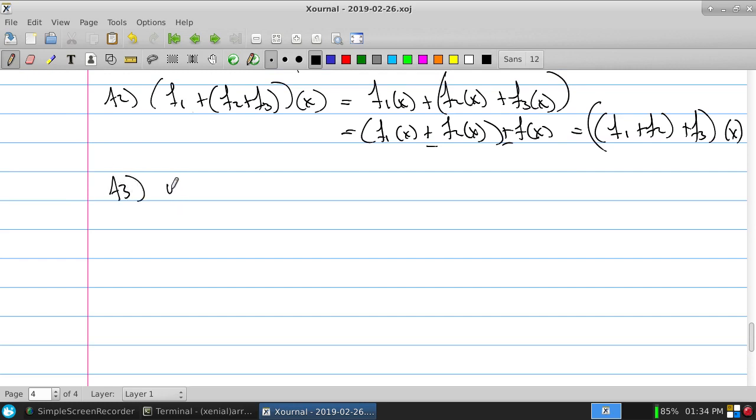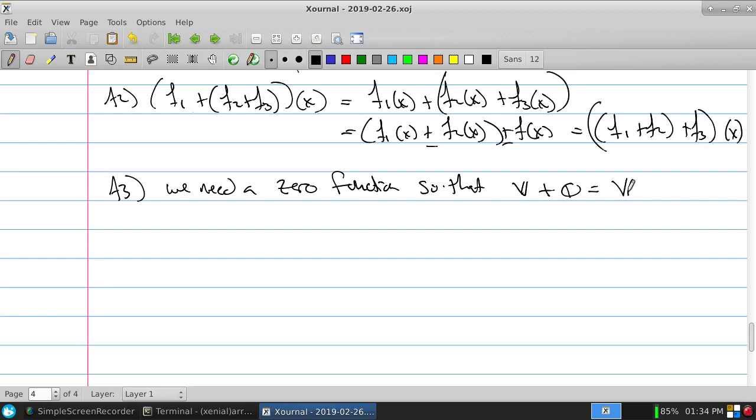A3, we need a zero function so that a vector plus 0 is still the vector. I need a function.